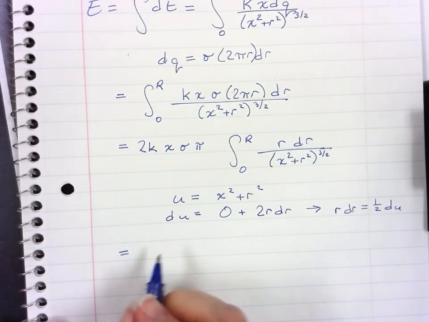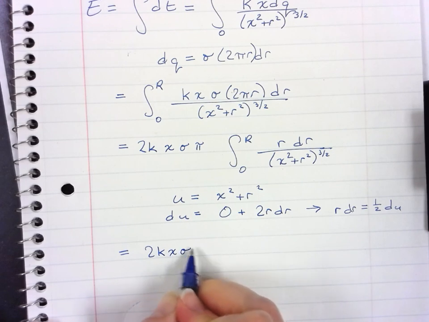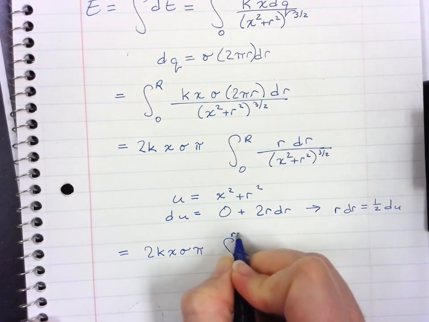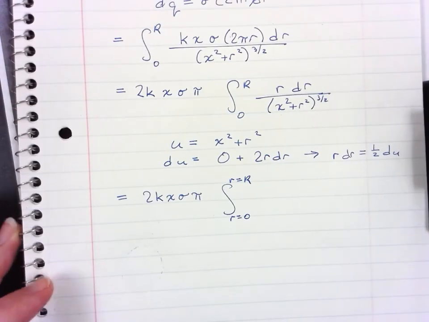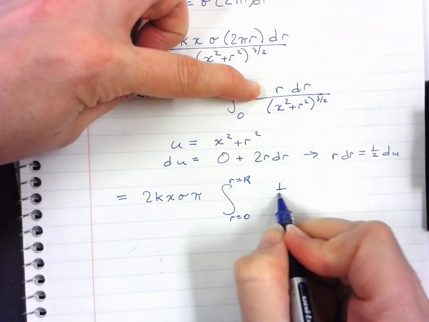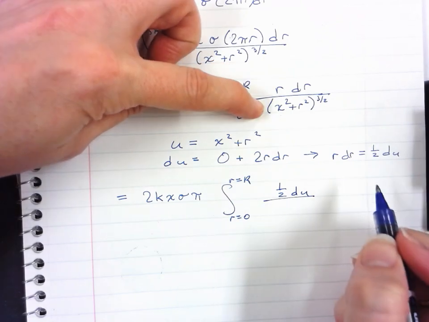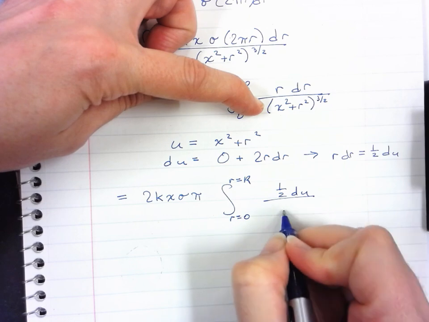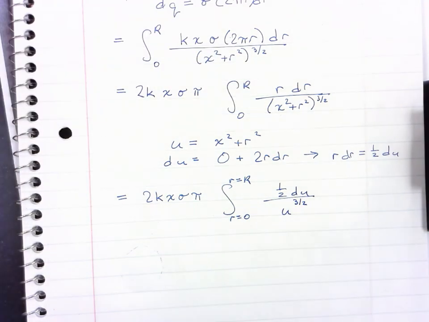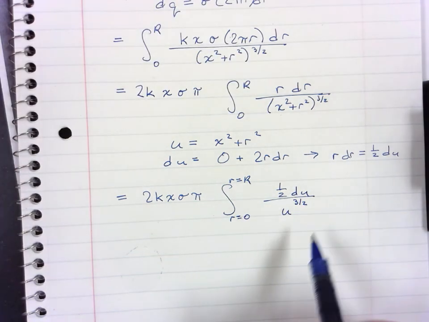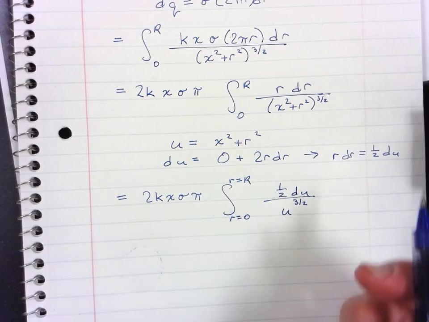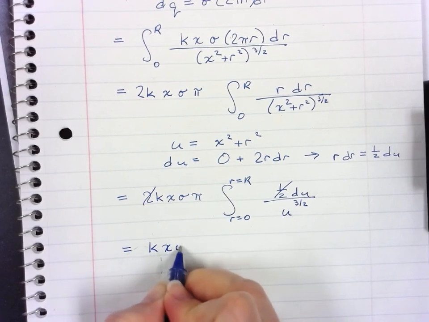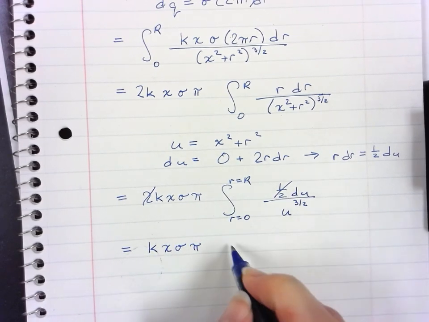So, copying all this down, 2k x sigma pi times the integral from little r equals 0 to little r equals big R. Our numerator becomes 1/2 du, and our denominator, x squared plus r squared inside the parentheses, becomes u to the 3/2 power. Before we go any further, notice we have a 2 and a 1/2. They cancel. So we have kx sigma pi.